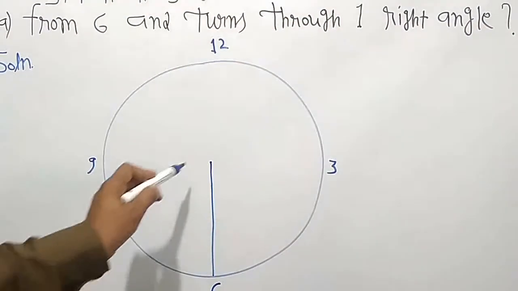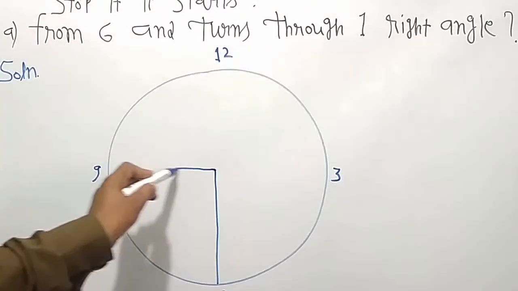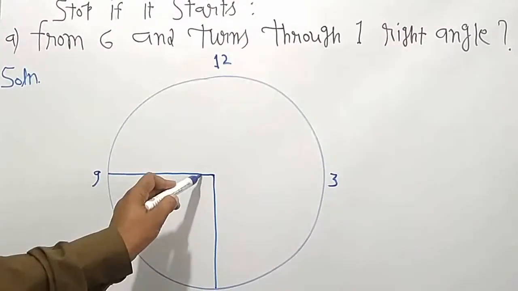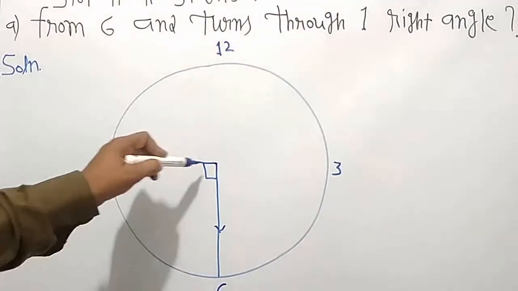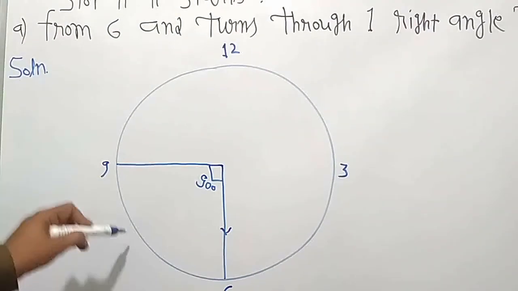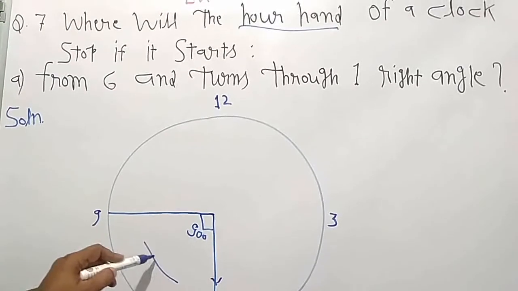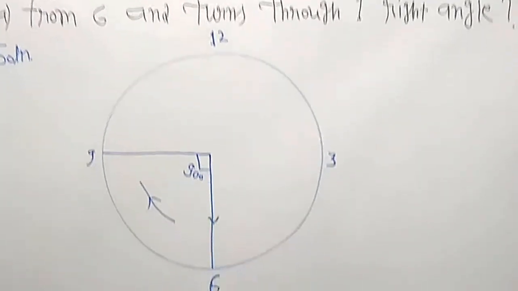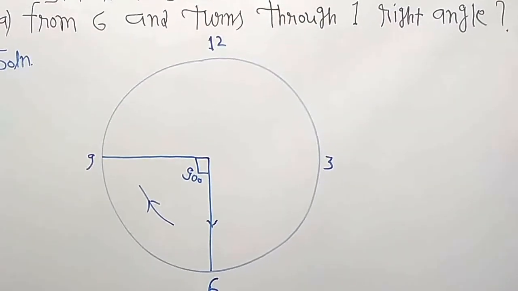One right angle means, suppose this line and this is one right angle. So we start from the 6 and after completing one right angle of 90 degrees, we move to 9 in a clockwise direction. So our final answer is, the hour hand stops at 9 o'clock.